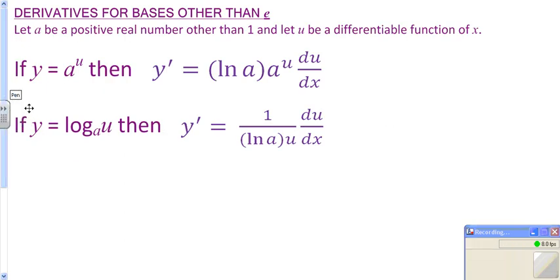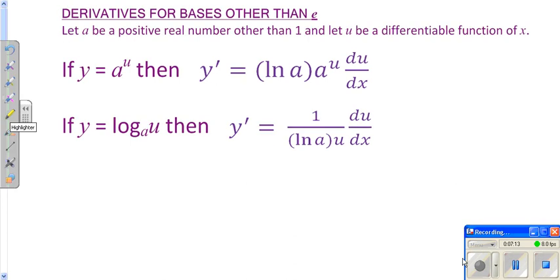Now, this is kind of what we were talking about before, on the previous page, or a couple of previous slides. This is saying when you have a to the u, to take your derivative, you go natural log of a times a to that u times the derivative of your exponent, du dx. Now you could go through all the steps we did on the very first slide to do that, or you could just use this formula.